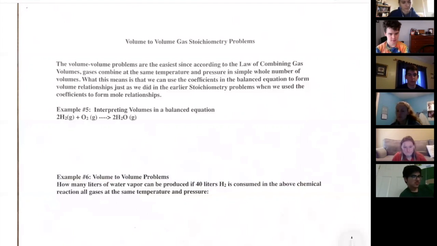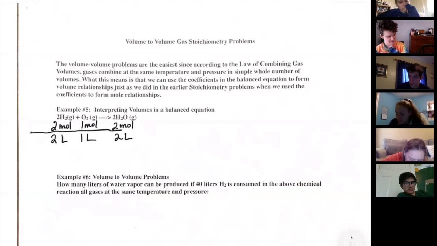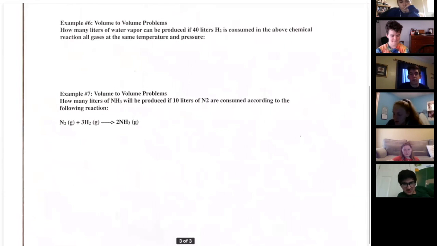So basically this is 2 moles to 1 mole to 2 moles. But you can also call this 2 liters, 1 liter, 2 liters. But 1 mole of oxygen is not 1 liter. Right, but proportionally, you're going to end up with these ratios.